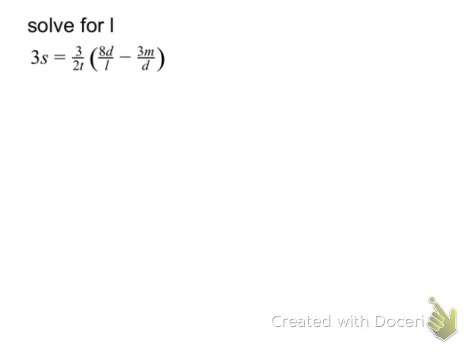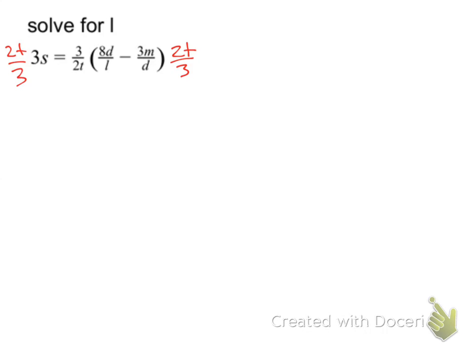Now, this is what I propose. I propose that you still get rid of anything that's outside of your parentheses. So that means get rid of the 3 over 2t, which means multiply both sides by 2t over 3.